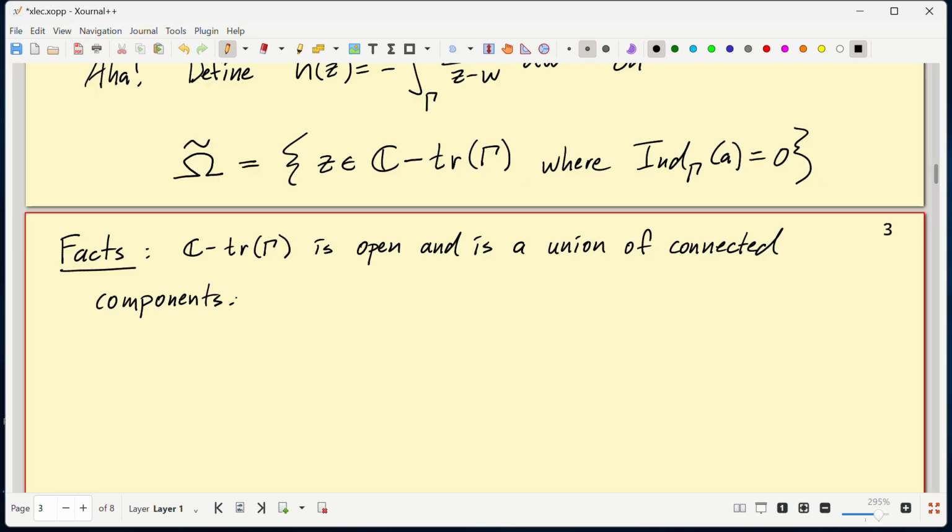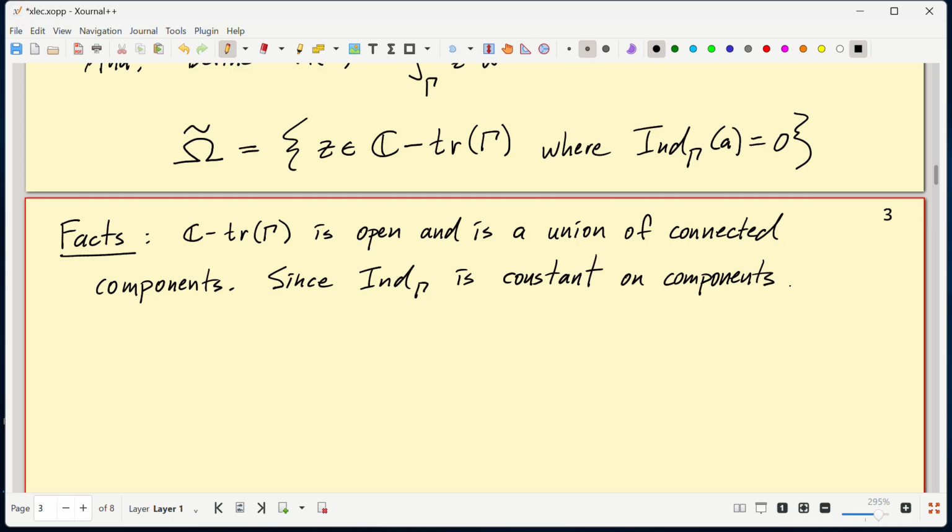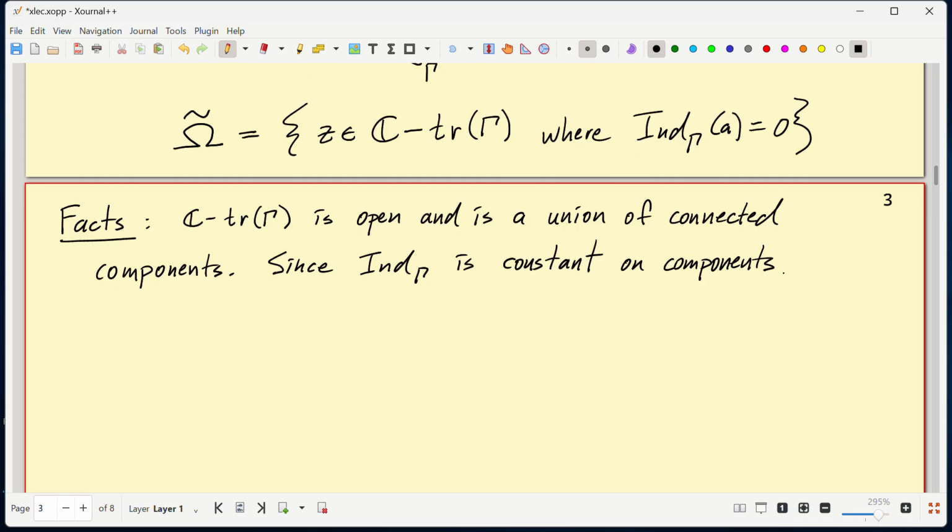And since the index is constant on connected components, might be different constants, we see that omega twiddle is just a union of those open components. That's where it's 0.